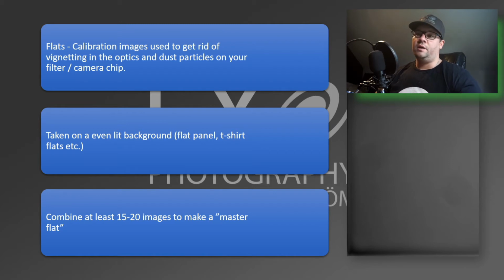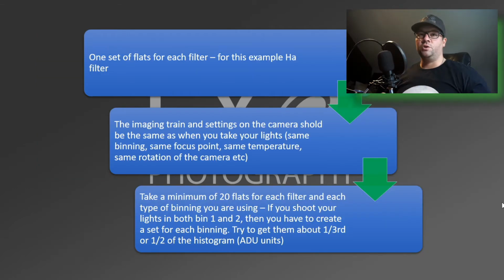What you want to do then is to combine these images, at least 15 or 20, to make a master flat. You're combining all those images into one master flat. So what you want to do is create one set of flat images for each filter. In the example I am going to show you how I take the H-alpha filters.